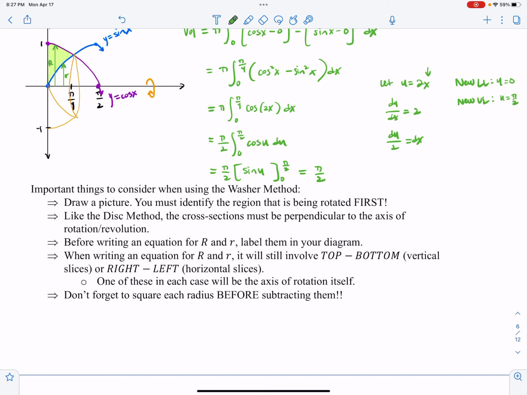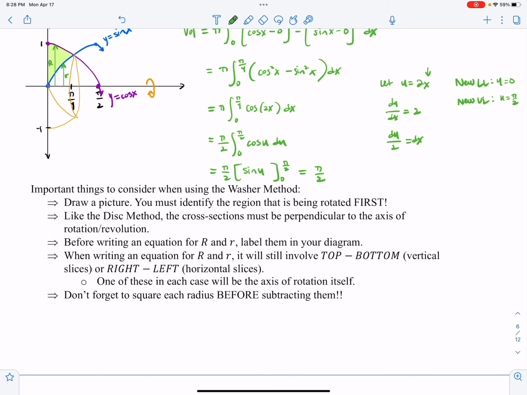I got this from someone else, but I think it's a good list of things to consider when using the washer method. So draw a picture. Make sure you are identifying the correct region, especially if it's not given to you.